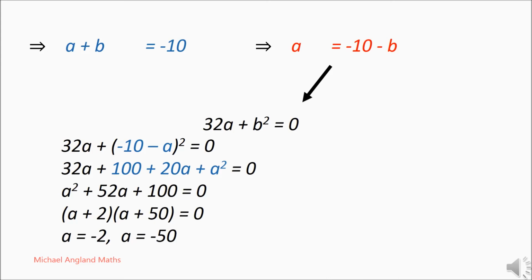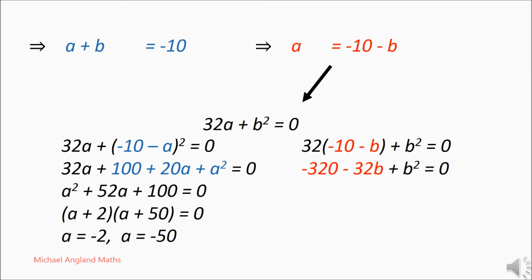Now, just for interest, I've changed that equation on the top right to red, and I've written it in terms of A. So if we substituted for A, we would have A is equal to minus 10 minus B, and we're now going to plug that into 32A plus B squared equals 0 to see what values we yield for B, for the quadratic in terms of B. So at the first step, we have 32 times bracket minus 10 minus B bracket plus B squared equals 0.